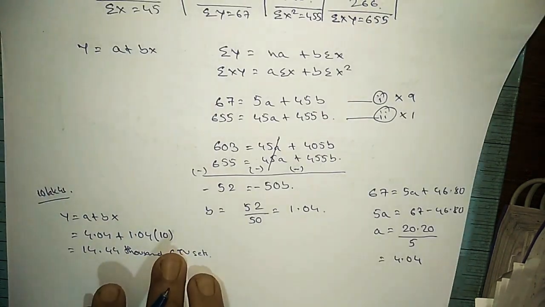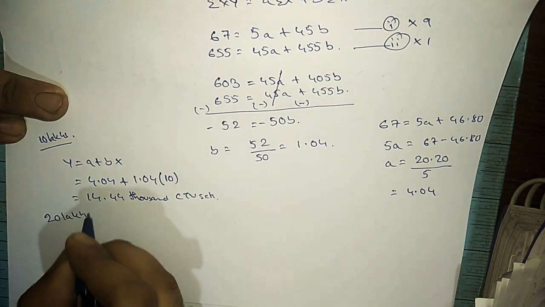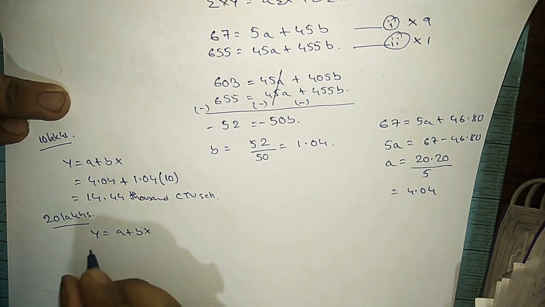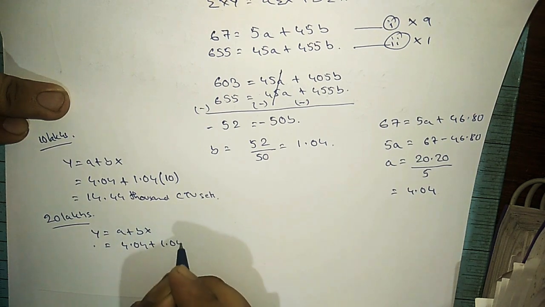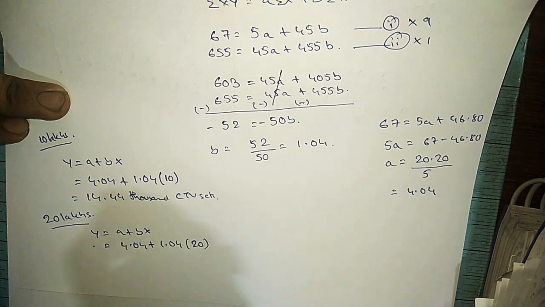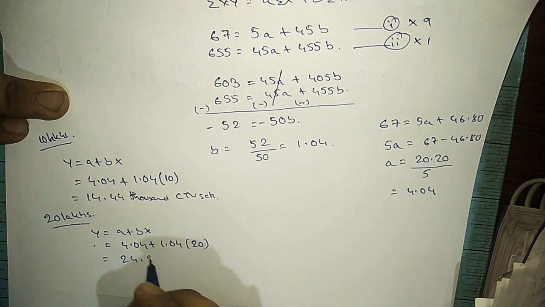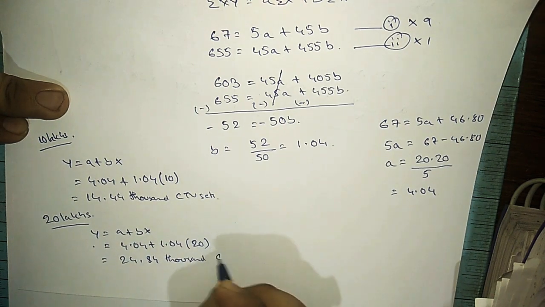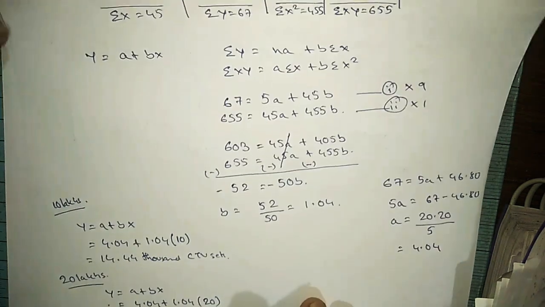And in case of 20 lakhs, y equals a plus bx equals 4.04 plus 1.04 into 20. So it is 4.04 plus 20.80, which is 24.84 thousand CTV sets. So that's it.